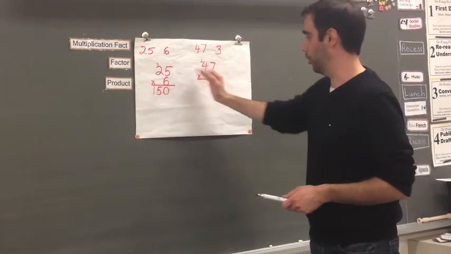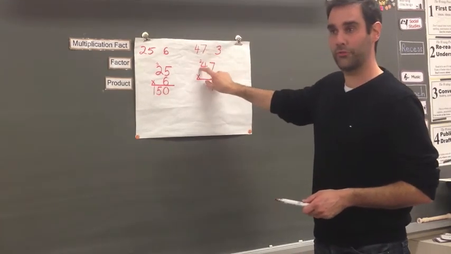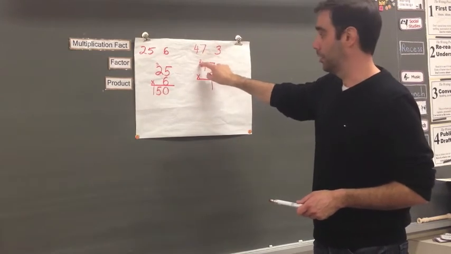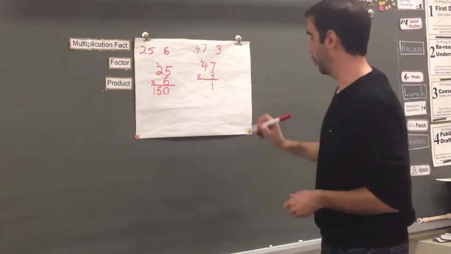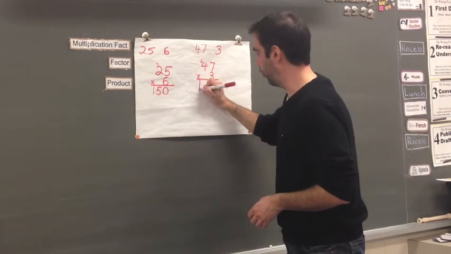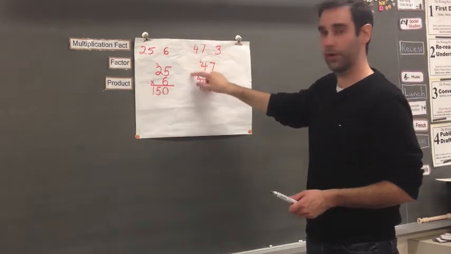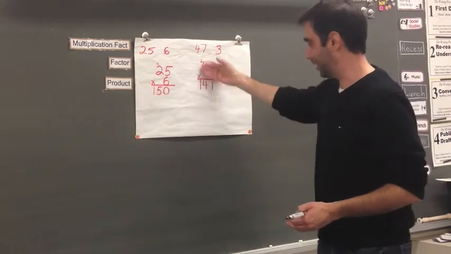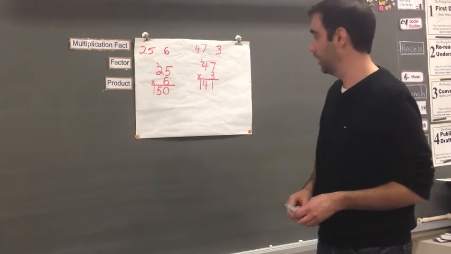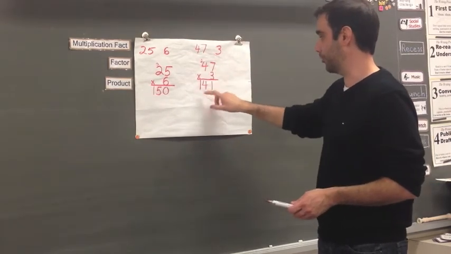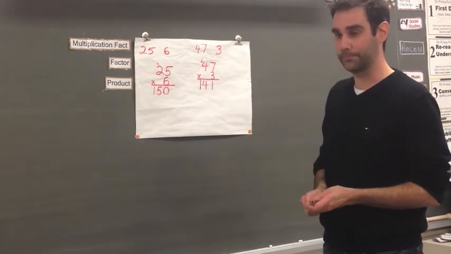So now we're moving over. 3 times 4 is 12, plus the 2 is 14. Now I'm bringing the whole number 14 right down because there are no more numbers to multiply. So 47 times 3 is 141.